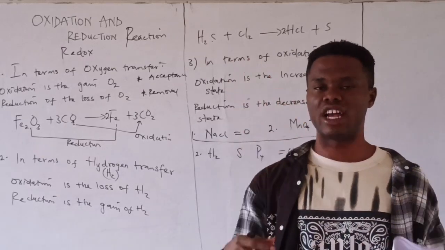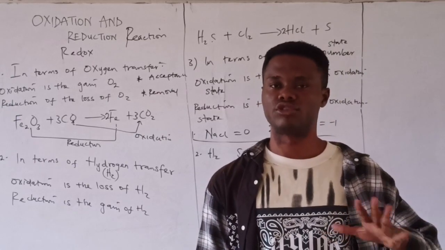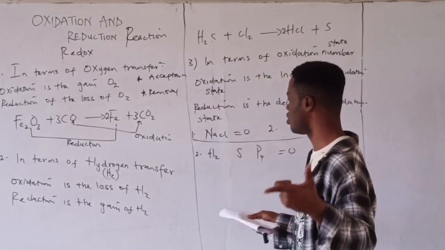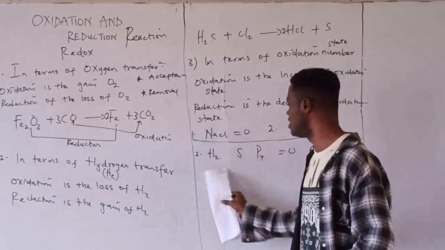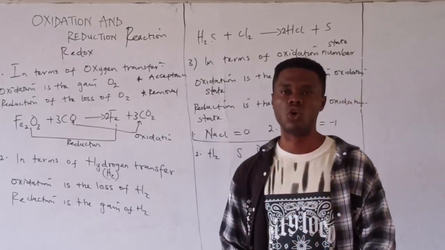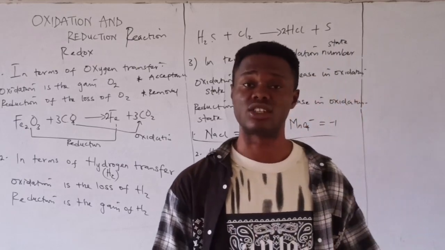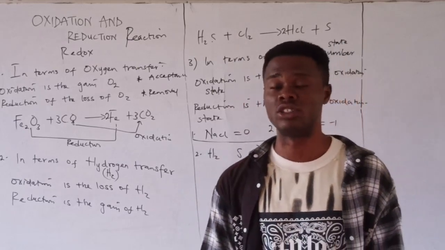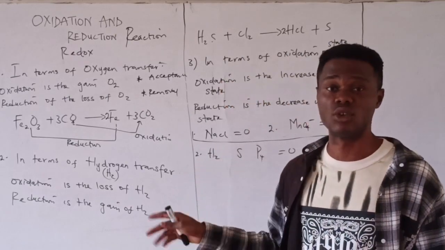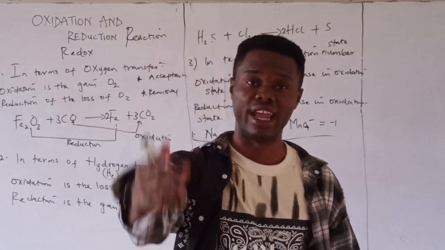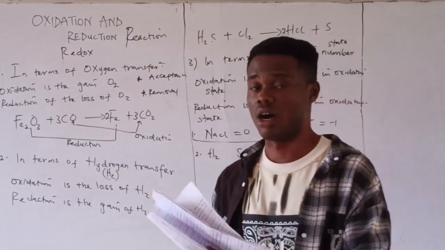So before a reaction occurs, there must be charges present. But if an atom of an element is in its free state, there is no charge, and that element is at its neutral point. So since it's at its neutral point, it is equal to 0. We are going to see a few examples in our later video.